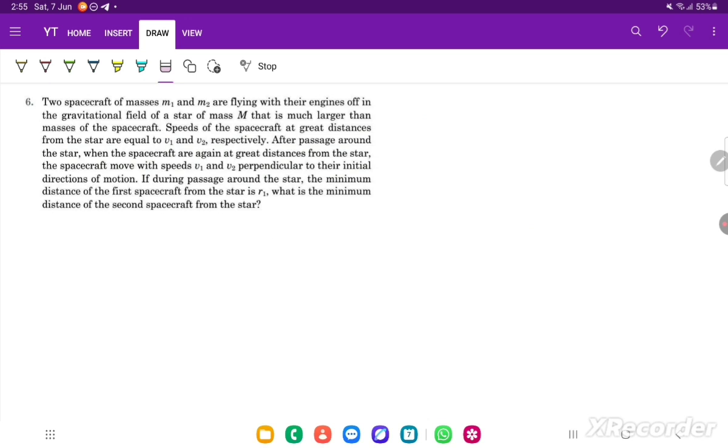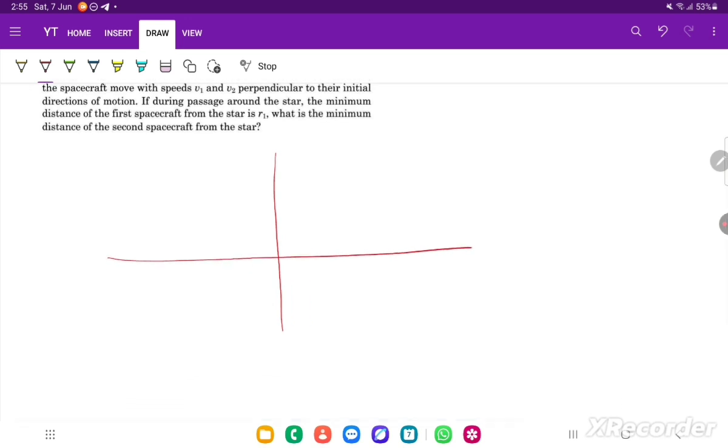So let's draw a hyperbolic trajectory first. Let's say these are the axes. Just for convenience, I'm drawing the axes. I have just drawn one branch of the hyperbola. We are not required with the other part, but this is one branch of the hyperbola.